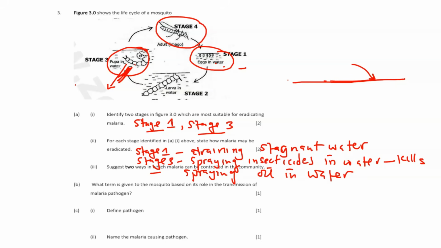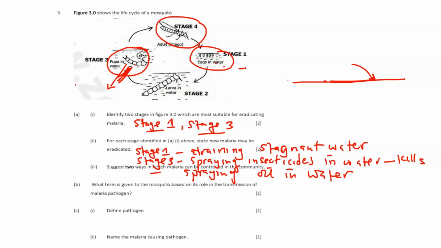So spraying oil in water can also be another way to eradicate malaria. So 3 explanations that you can give here. That is on stage 1, why is it the most suitable? You can say draining of stagnant water.